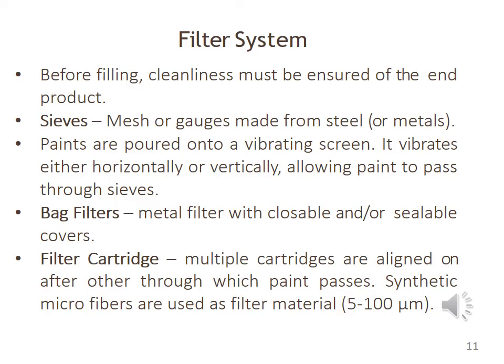Filter system. What is the role of the filter system? Why is it used? Before filling, cleanliness of the end products must be ensured. So when we are filling the materials in the machines, it is necessary to maintain cleanliness, so that the desired end product is free from impurities.